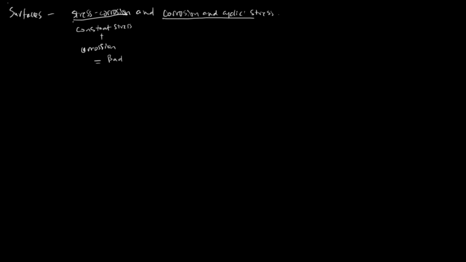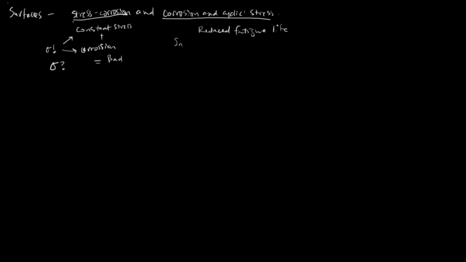And if we have corrosion and cyclical stress, we have a further reduced fatigue life. So even if we go through all of the work to identify the stresses properly, and they're all correct and accurate, but then we put those same stresses in a corrosive environment, then we don't know exactly what the stress that causes failure will be, but we do know that it's reduced. Same thing for fatigue.